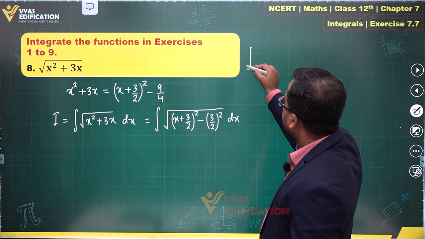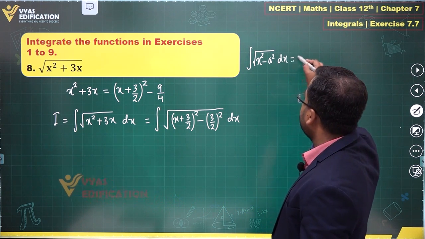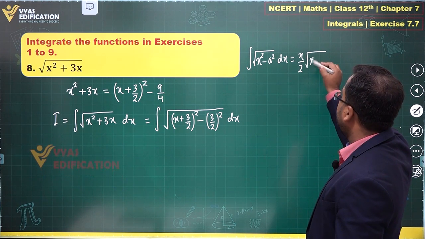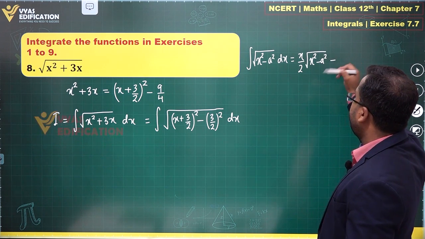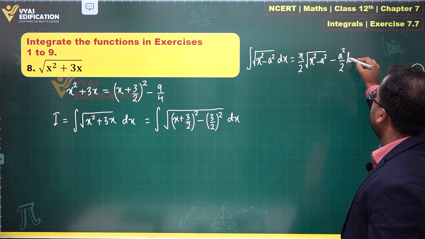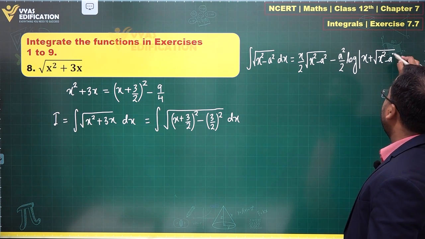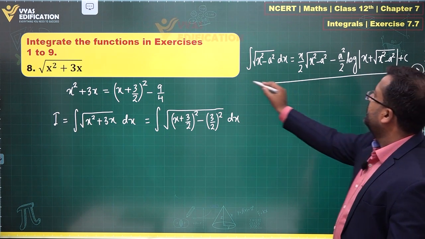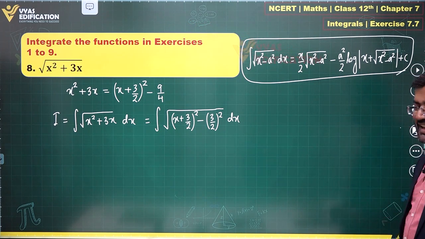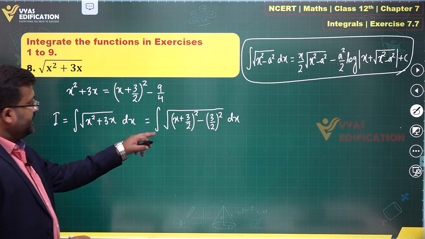The integral of under root of x square minus a square dx is equal to x by 2 under root of x square minus a square, minus a square by 2 log modulus of x plus under root of x square minus a square, plus constant. Using this formula, I can write the integral of this particular function easily.